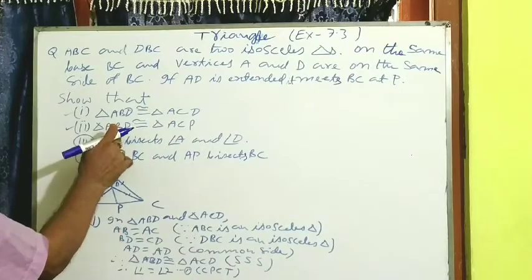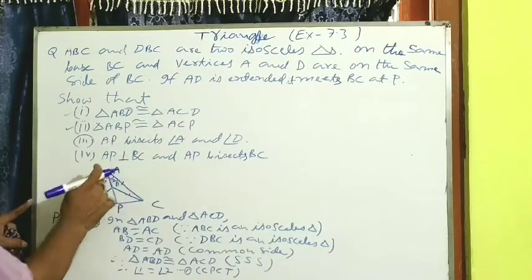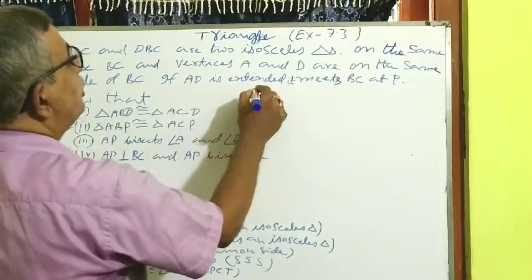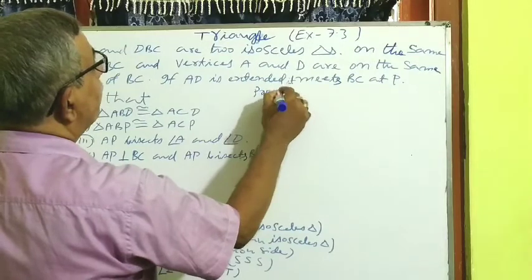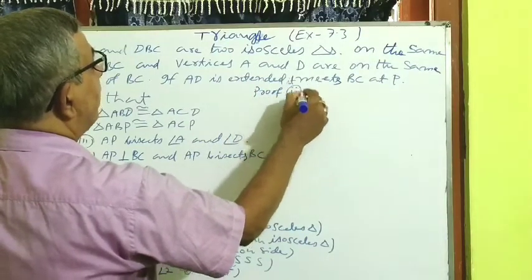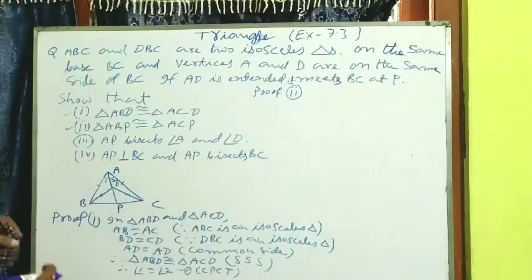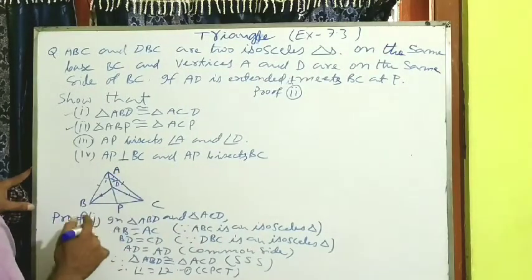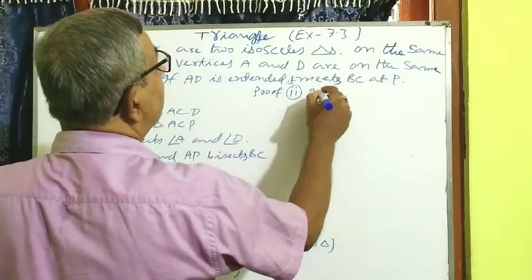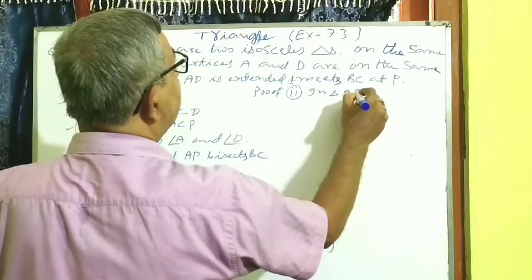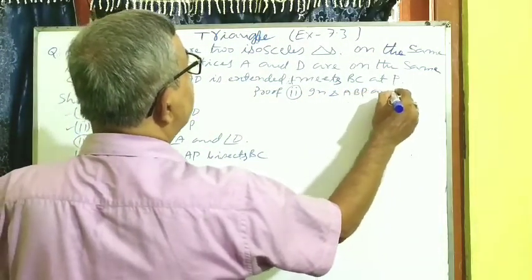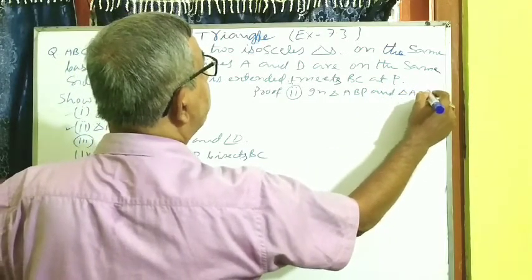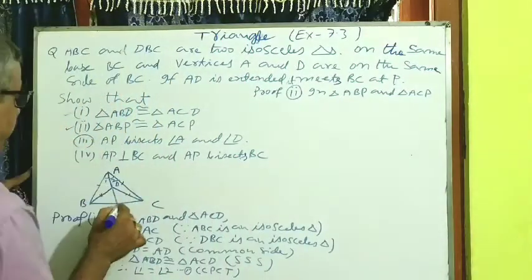Now ABP is equal to ACP, we have to prove. So proof number 2. Very easily you can do. In triangle ABP and in triangle ACP.